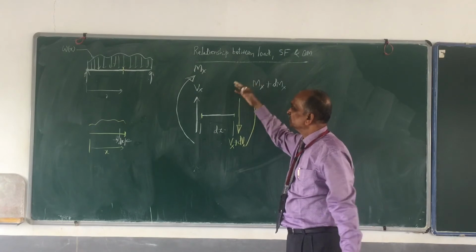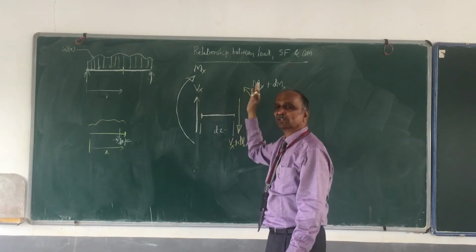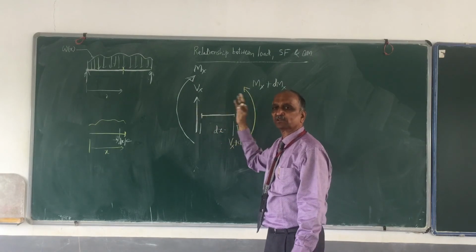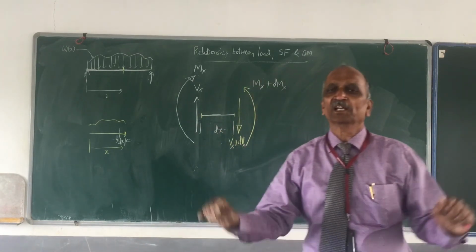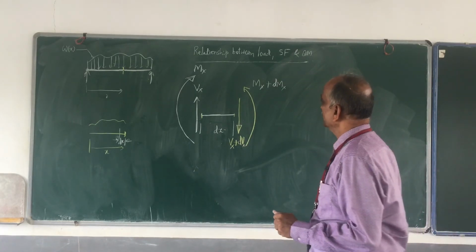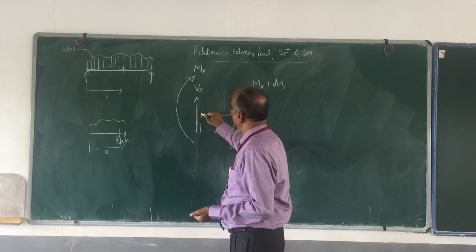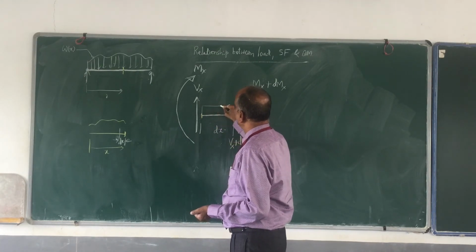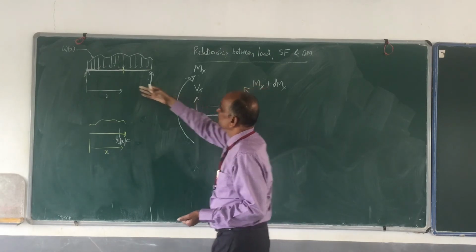In a special situation, this dMx may be 0. The bending moment here is also equal to this, and the shear force also equal to this. That may be a case, but I shall assume that they are varying. Then what about the load here? I can assume that the load is constant. How can I assume that? It is varying, I know.